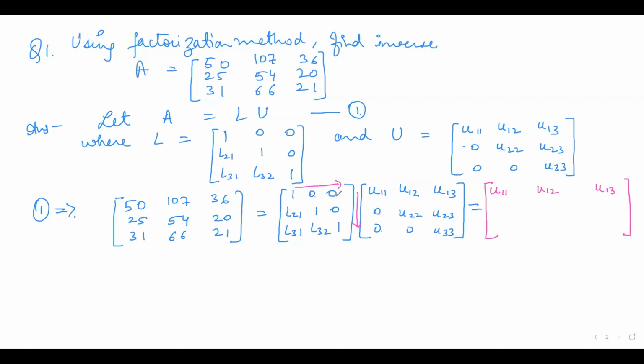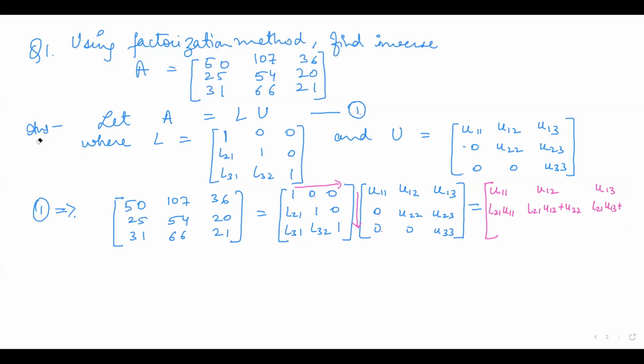Then the second row with the first column, again, I'll be getting here L21, U11. Second row with the second column, I'll get L21, U12 plus U22. Second row with the third column, I'll get L21, U13 plus, let me just erase this.